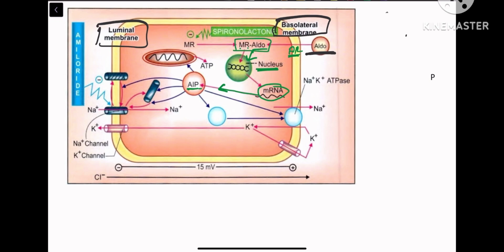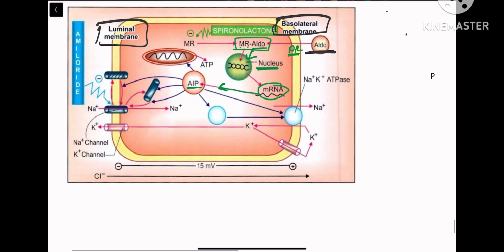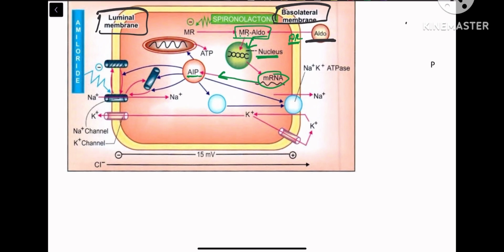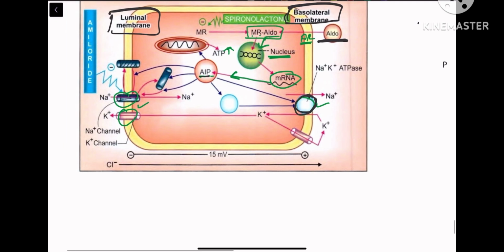AIP is aldosterone induced protein. This is responsible for the activity of the transporter and also increases the ATP, which is used for the active transportation of the ions.